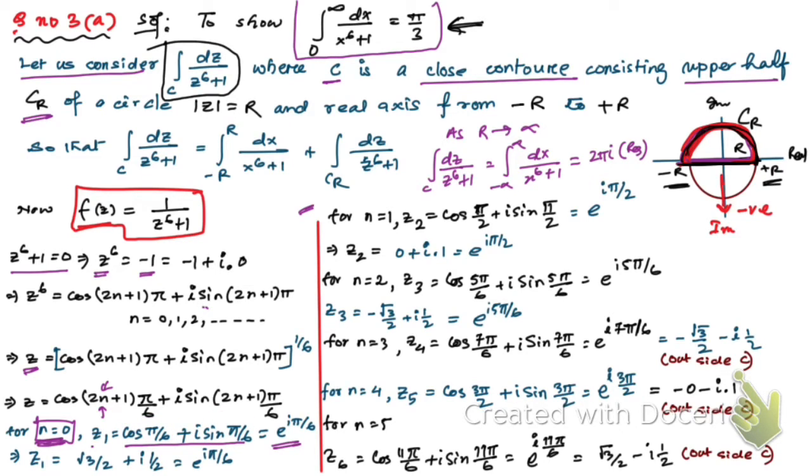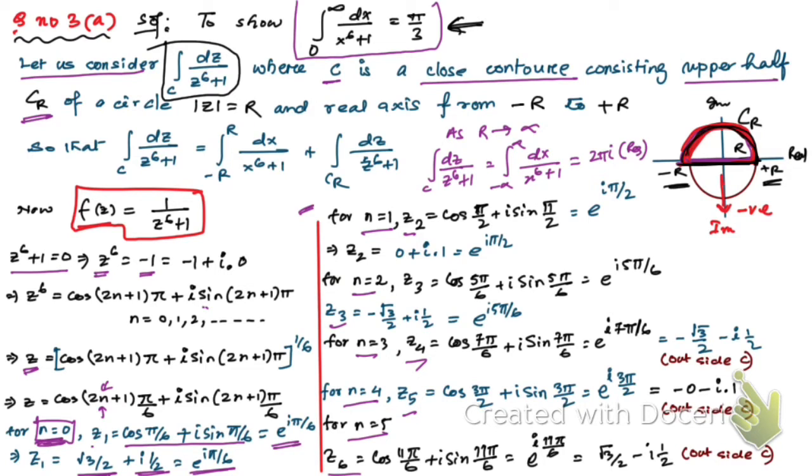Then e to the power i pi by 6 will be equal to root 3 by 2 plus i into half, right? So similarly, we have put n is equal to 1, 2, 3, 4, 5 in order to obtain z2, z3, z4, z5, and z6 as well.